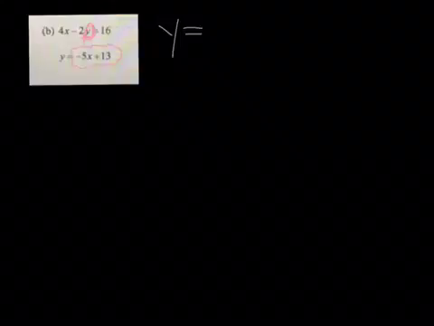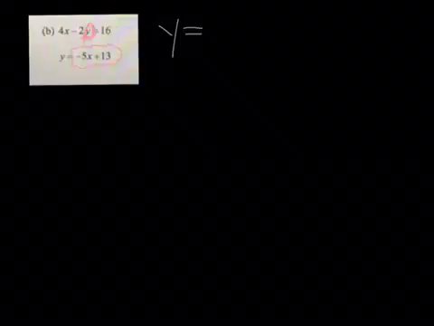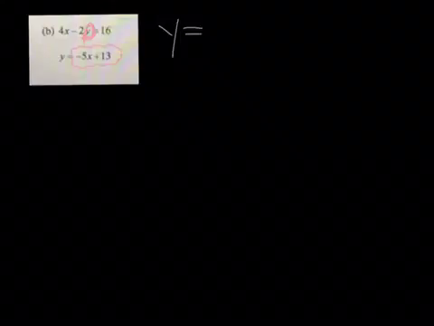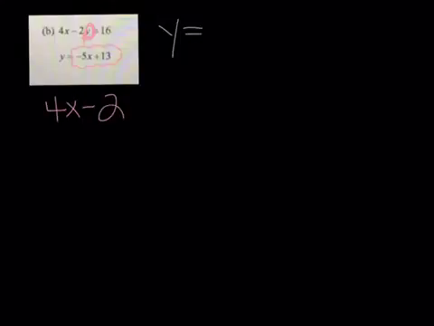Rewrite the top equation with that negative 5x plus 13 in parentheses into it. For x minus 2y, so that's where negative 5x plus 13 goes in parentheses.